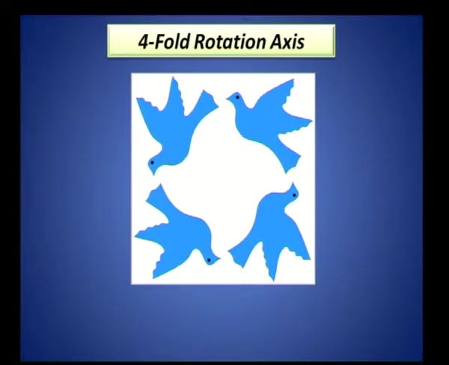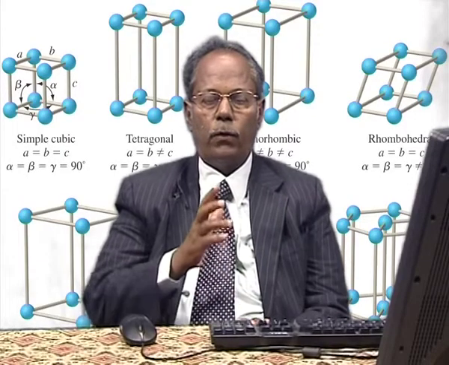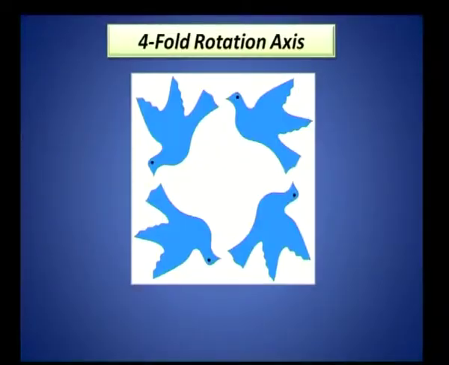This is what I intend to say from this slide. Then you look at this diagram. Tell me what is the foldness of rotation. You see here a bird, if it is rotated through 90 degrees, it will come here, right. Another 90 degree rotation will come to this place, and another 90 will go back here. So, therefore, this has got a 4-fold rotation axis. As far as the birds are concerned, you have got 4 birds.